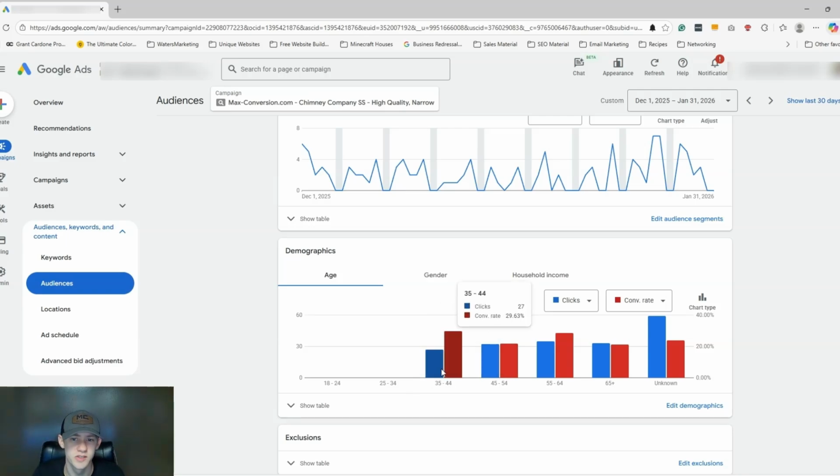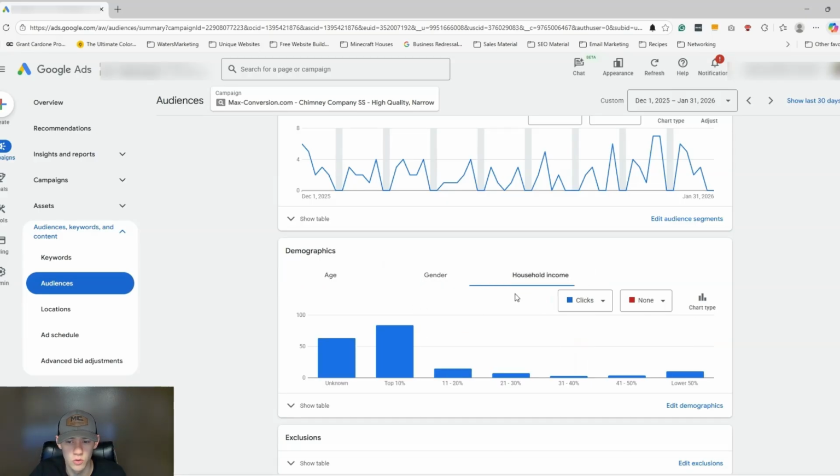The reason being is they're more likely to be serious about it. They're more likely to be busy or not be able to actually do the chimney repair themselves or look into the DIY. And so we identified that these people are actually better customers and more likely to convert on the back end than people under 35 years old. So that's really the big thing.